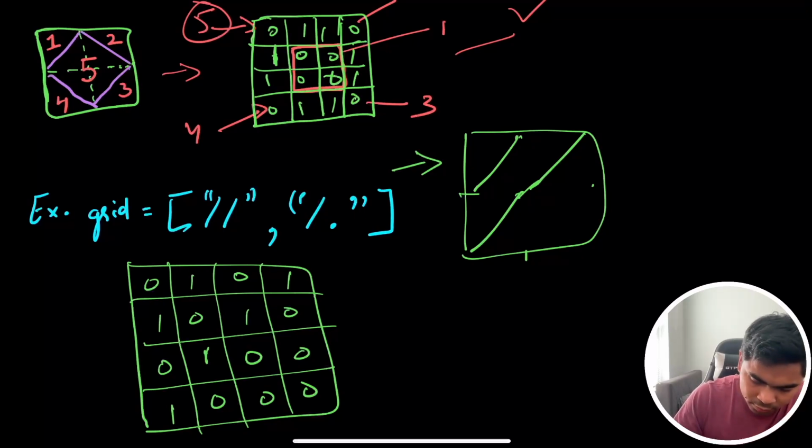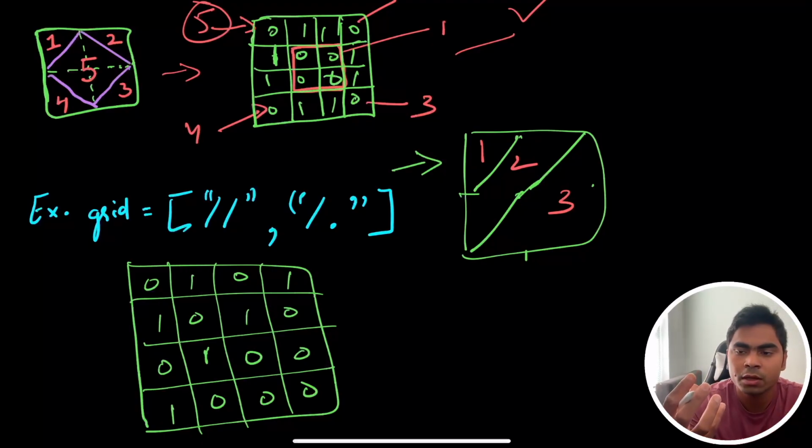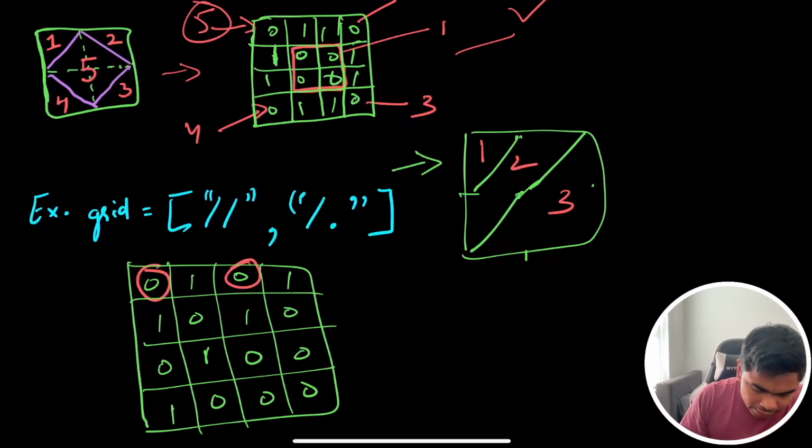So this is 1, this is 2, and this is 3. So now let's count the number of connected zeros together. So this is 1, this is 2 because it's not connected to anything else. This is 1, this is 2. Well, this is kind of connected to all of these.